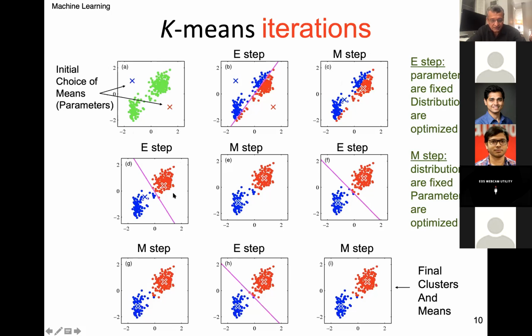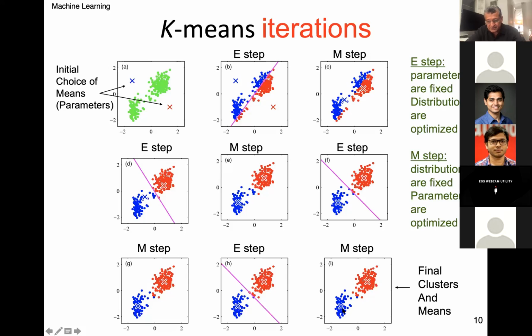Look at that, already we're getting a good assignment to the points here and a good assignment to the points over here. And the M step again is recomputing the means of them. And so that moves these x's here to the corresponding ones. And again, we do another E step and another M step and another E step and another M step.